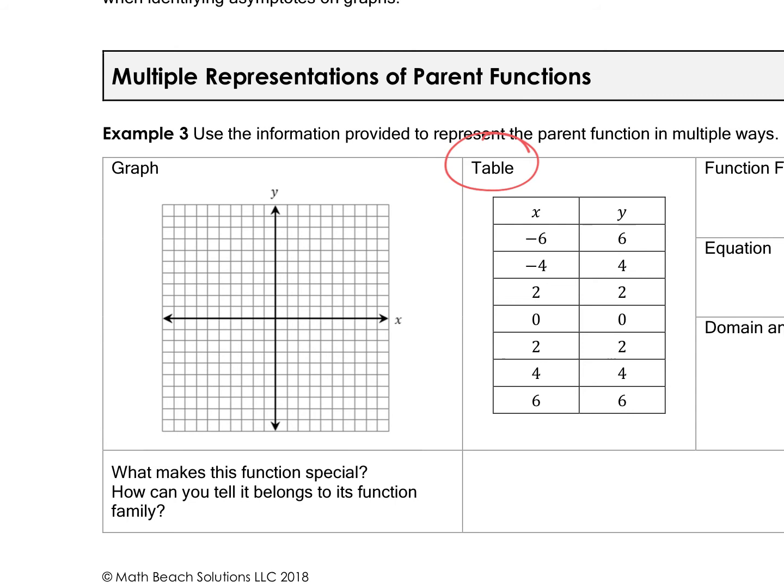-6, 6, -4, 4. That should be a -2, 2. 0, 0. 2, 2. 4, 4.